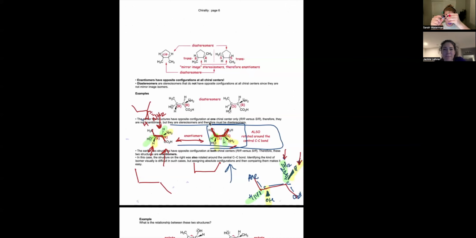So this hydrogen right here is this one right here. And then we have the blue back here, which is the OH, and the green is in plane. Then we have the other one. This hydrogen is in back. And then we have the NH2 and the carboxylic acid, right?